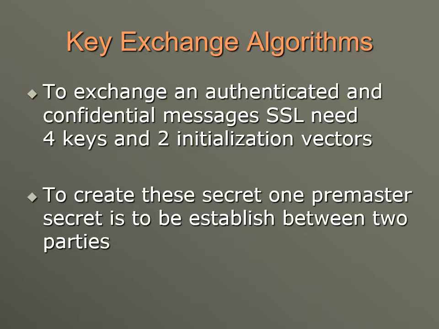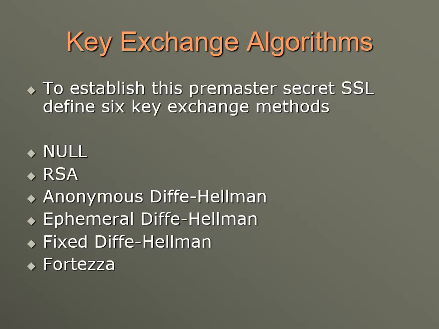To create these secrets, one pre-master secret must be established between the two parties. So SSL defines 6 key exchange methods to establish this pre-master secret. The different key exchange methods used by SSL are null, RSA, anonymous Diffie-Hellman, ephemeral Diffie-Hellman, fixed Diffie-Hellman, and Fortezza.